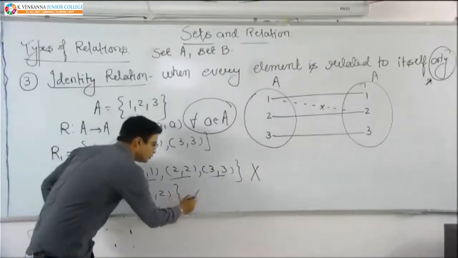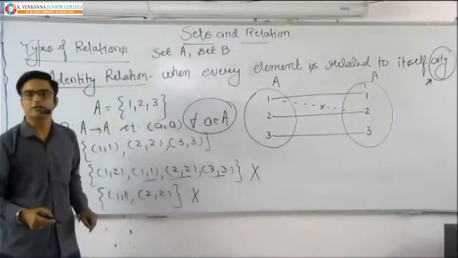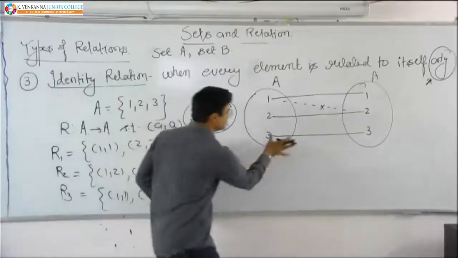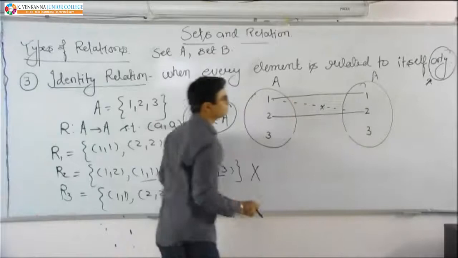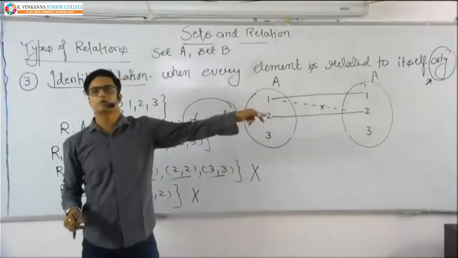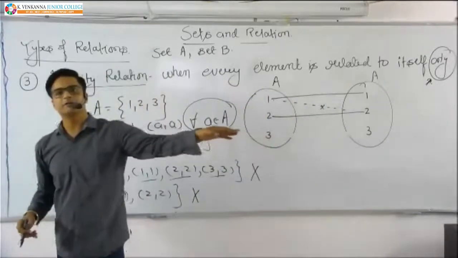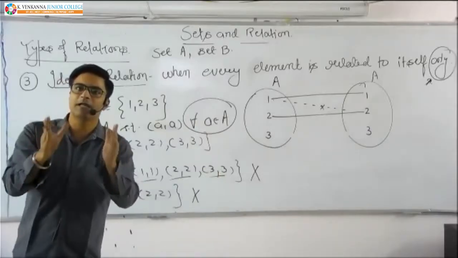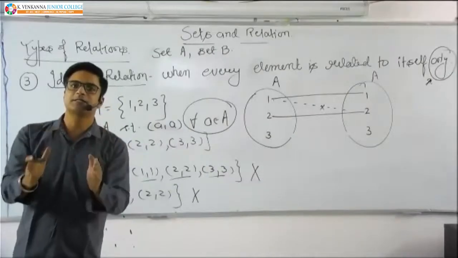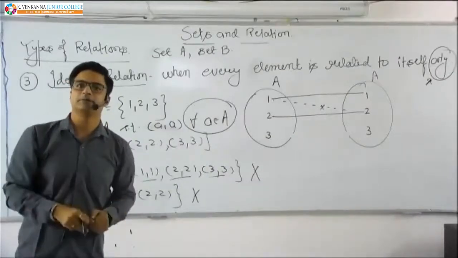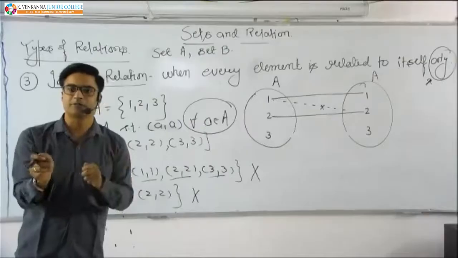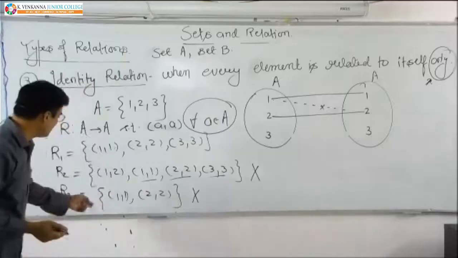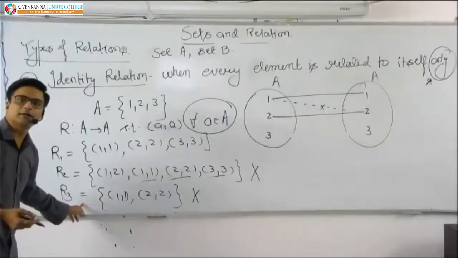So this is also not an identity relation. 1 is connected with 1, 2 is connected to 2, but 3 is not connected to 3. For identity relation, every element must be connected with itself and only itself. It cannot be connected to any other element. So R3 is not an identity relation.